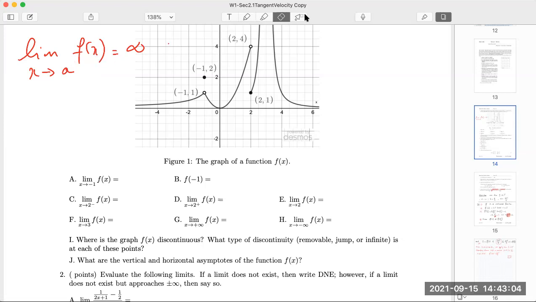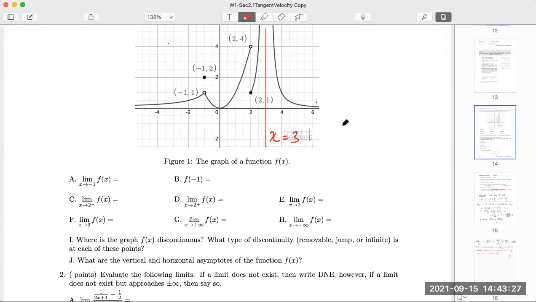Go back to the definition yourself and review it. In this case, where is the vertical asymptote? It is this line, right? This is a vertical line, the graph of x equal to 3. So it is a vertical asymptote.